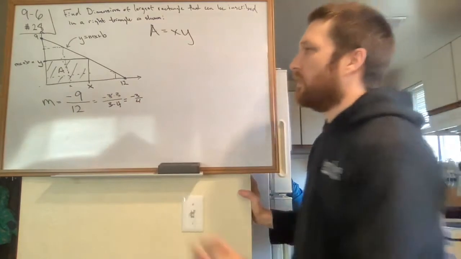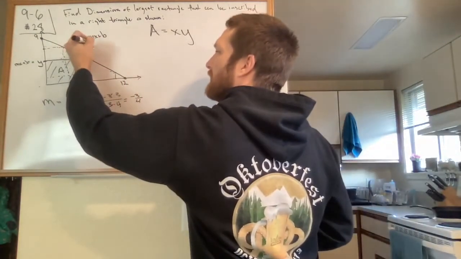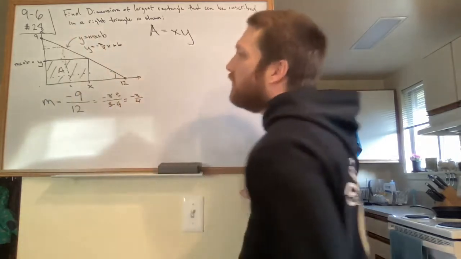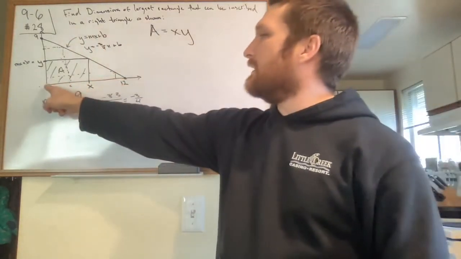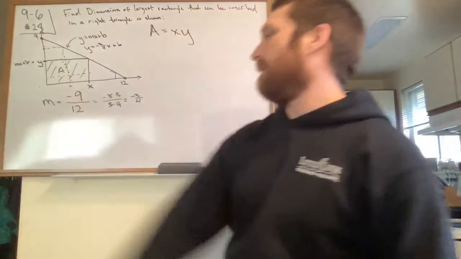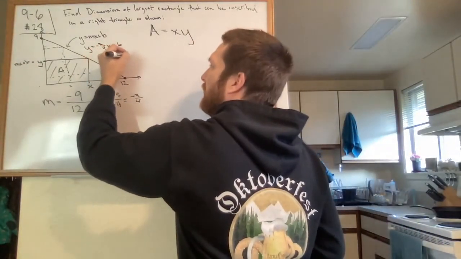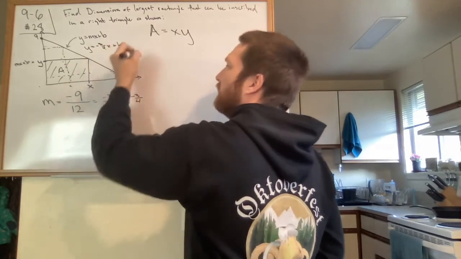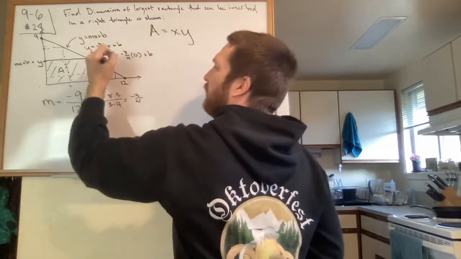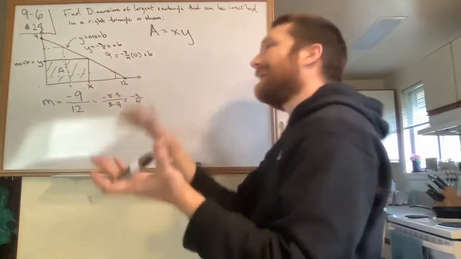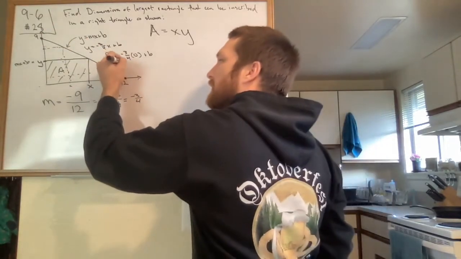Okay, so we're halfway there. y is equal to negative 3/4 x plus b. We also know that when we plug in a 0, we get out a 9. And so I plug in a 0 here for x. I get out a 9. You could also say, well, the y-intercept is 9. Yeah, that's what all of this means.